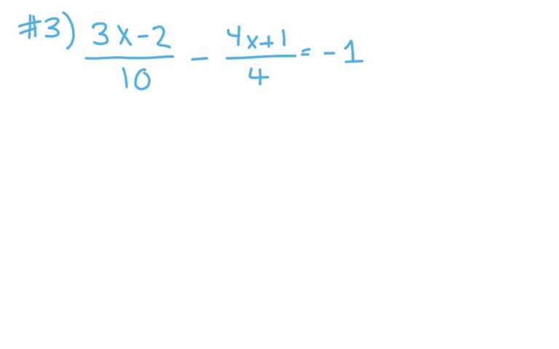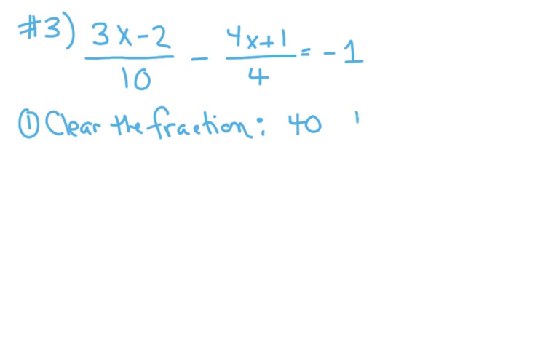For the next problem, we are asked to solve this equation for x. The first thing I'm going to do is clear the fractions. That means get rid of those terms in the denominator by multiplying by the least common multiple of 4 and 10, which will be 40, or the least common denominator.